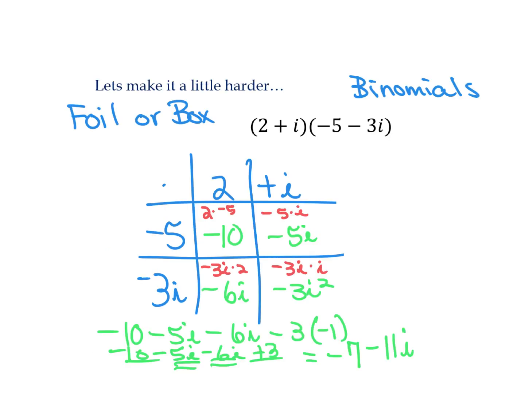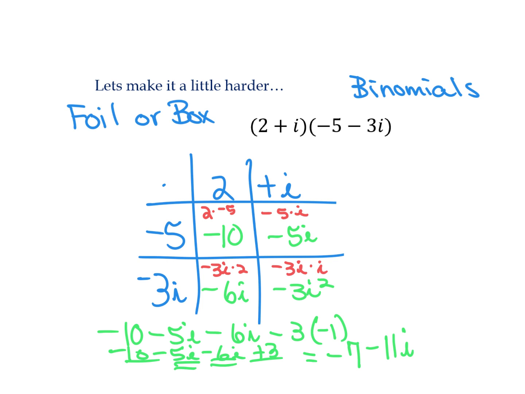All right, this one's going to take us back a little bit. We have two complex numbers multiplied together. Both of these are binomials, and we have to remember that in order to multiply binomials, we are using either FOIL method or we can use box. I prefer to use box, but if you prefer to use FOIL, that is perfectly fine.